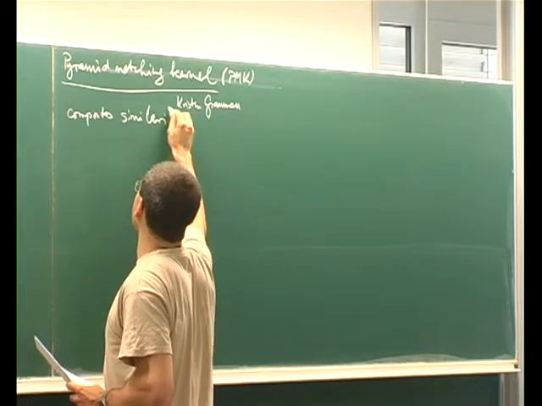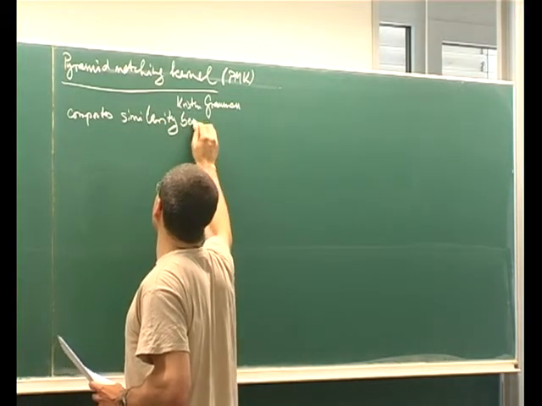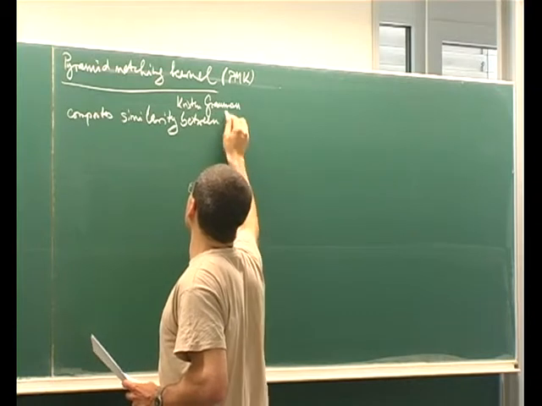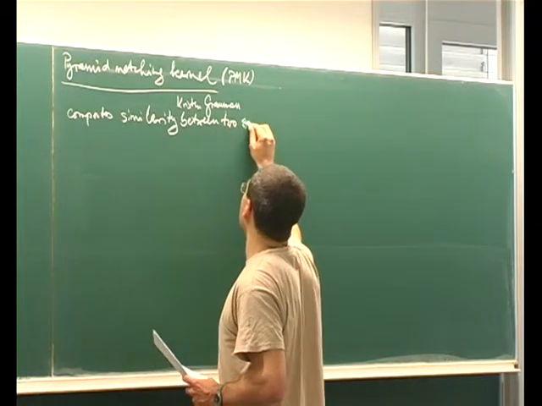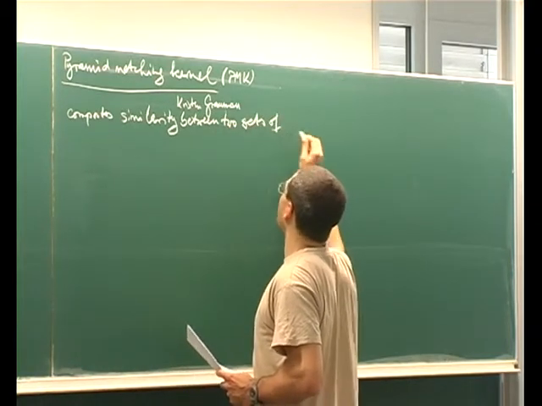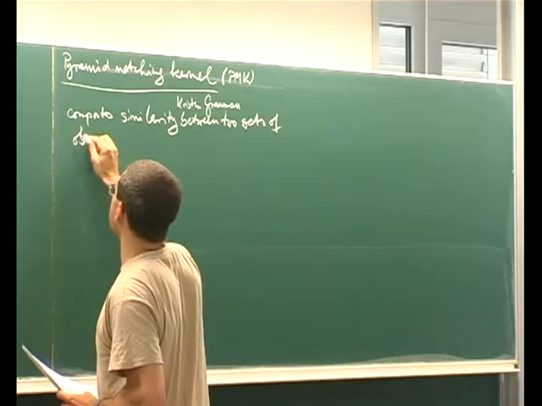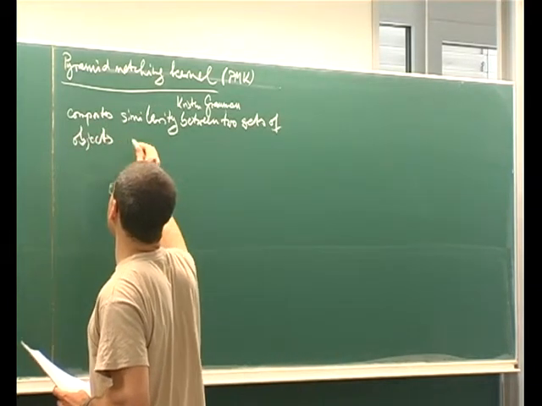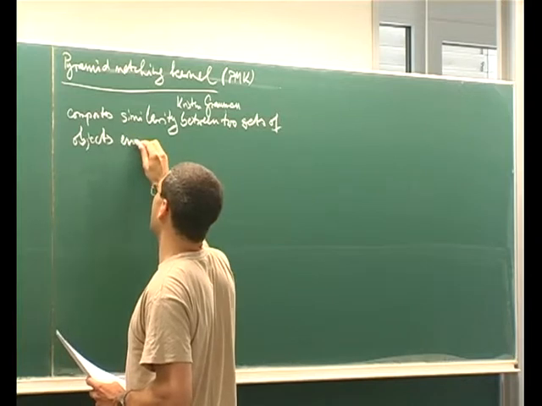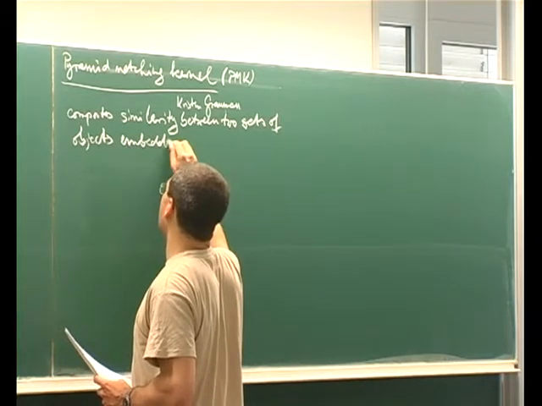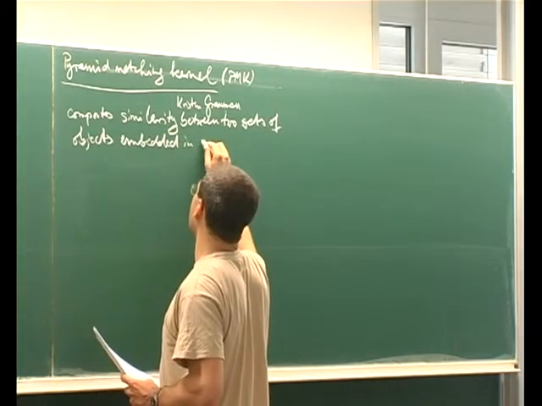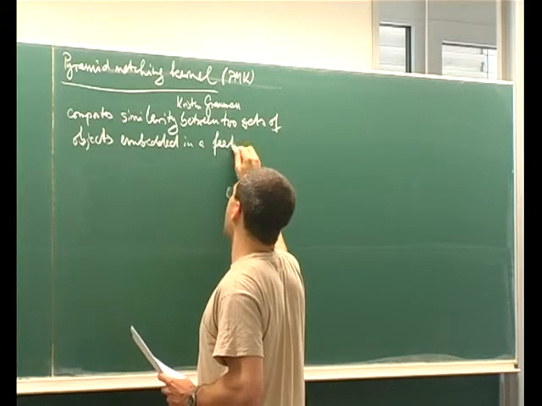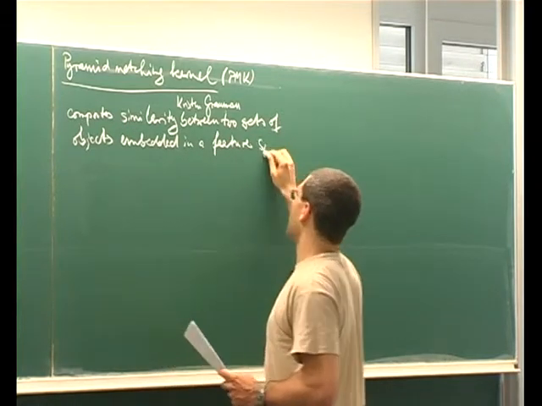It computes some kind of similarity between two sets of objects, and all of these objects lie in some feature space of dimensionality P.